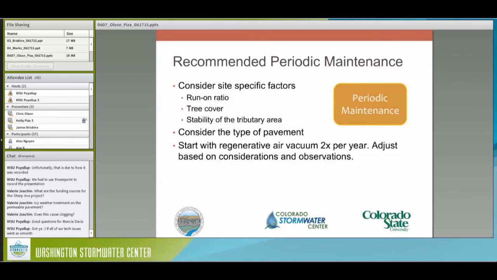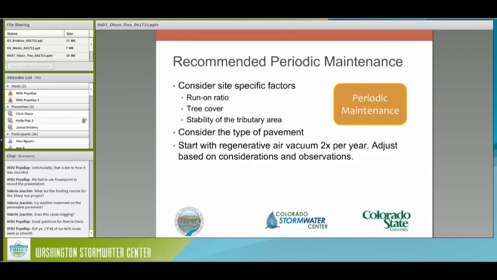So what type of pavement you have, also site-specific factors. Do you have a high run-on ratio? That means more maintenance, or higher frequency of maintenance. Do you have trees? Do you have pollen? Do you have an area that's not stable running onto the pavement? That can all mean an increased frequency of maintenance.